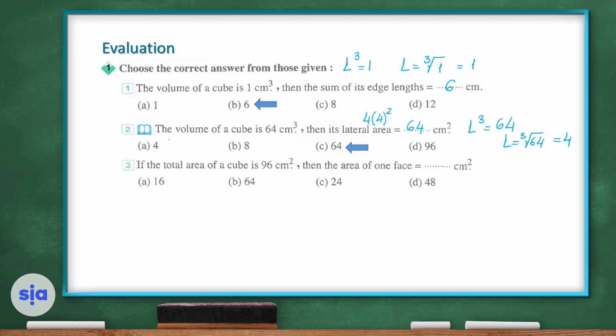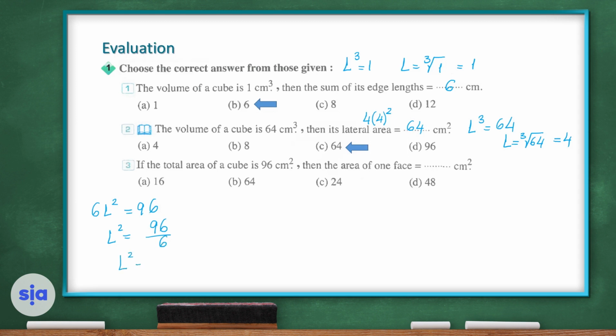Last question in this part. If the total area of a cube is 96 centimeters squared, total area means 6L squared equals 96, then L squared equals 96 over 6.